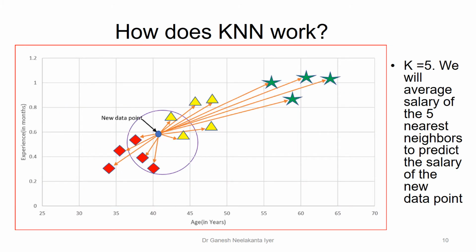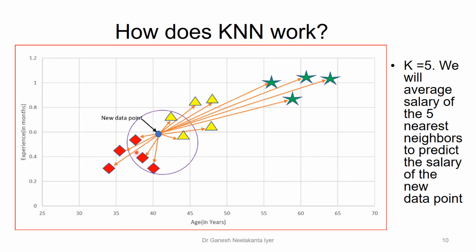So let's take an example. We have three classes already identified: a red diamond, yellow circle, yellow triangle, and green star. Now I got a new value, a blue dot circle, and this blue circle should be categorized among one of them. Assume K equal to 5.